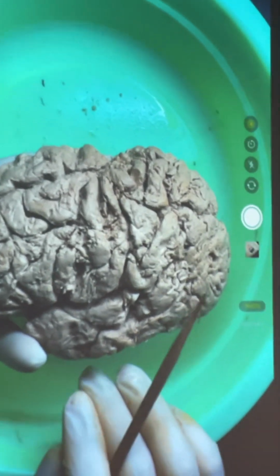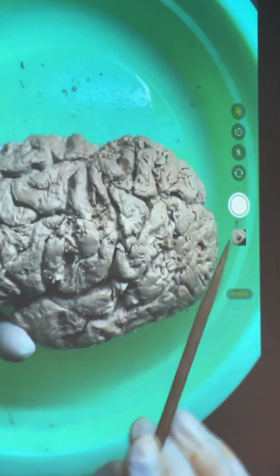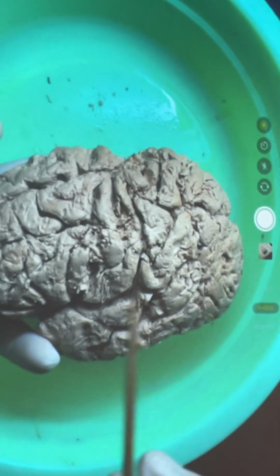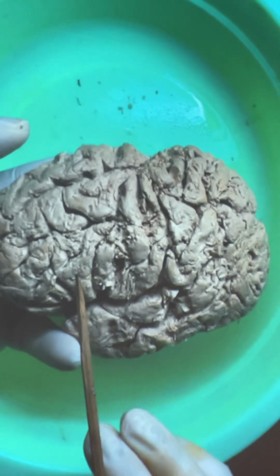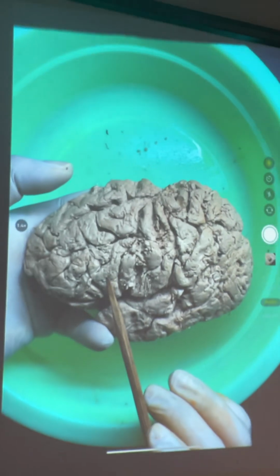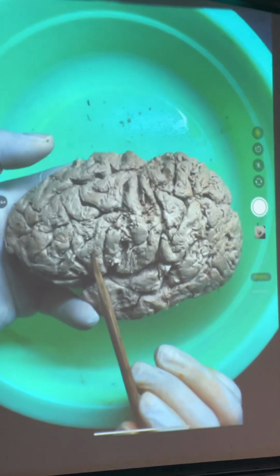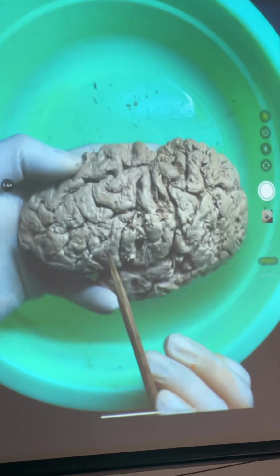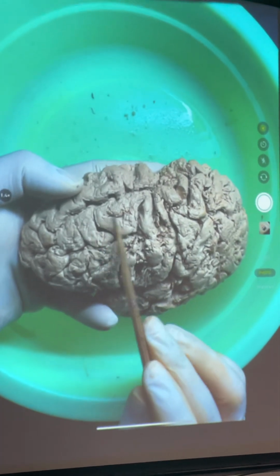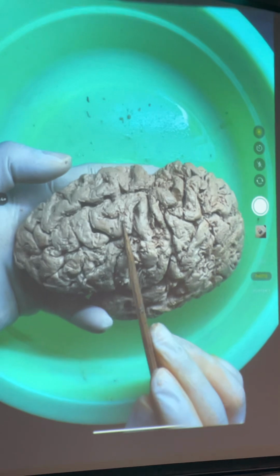Now I want you to identify what I point. Say it out loud. What is this? You have to place the family name first. Pars triangularis. This one here is the middle frontal gyrus.